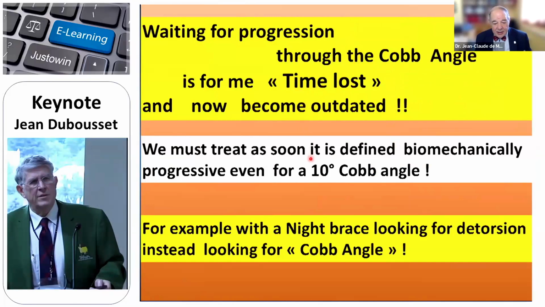And if it's possible with angulation between 10 and 20 degrees to have a selection of scoliosis, we can begin the treatment, physiotherapy between 10 and 20 degrees and bracing after 20 degrees. We can begin at the good moment, and this not only with the curve angle, but also with rotation.